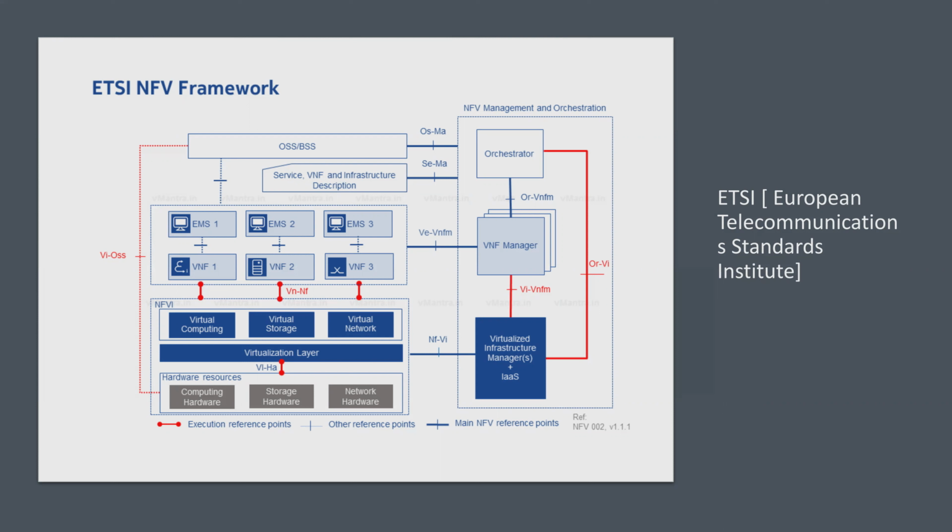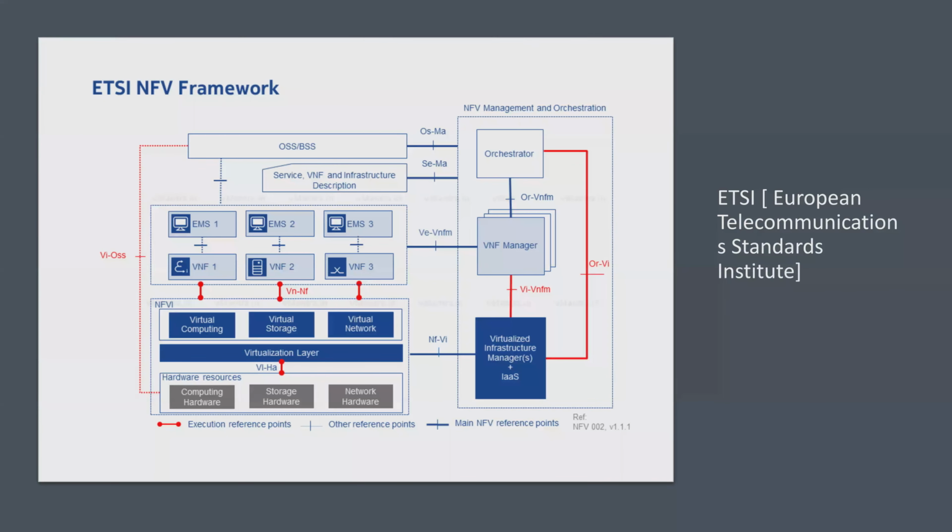You have these hardware resources: computing hardware, storage hardware, and network hardware. The compute cycles will be provided by what you can take as the hypervisor, and the storage hardware can be your SAN device or a virtual SAN device. You also have network hardware that can be from different vendors, such as Cisco or Brocade or whatever.